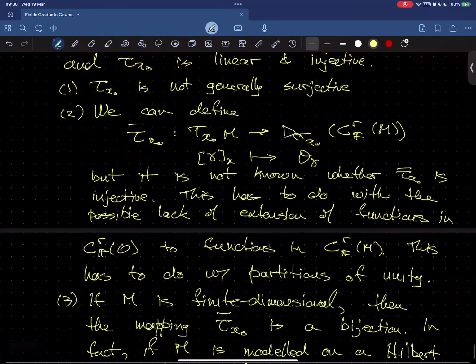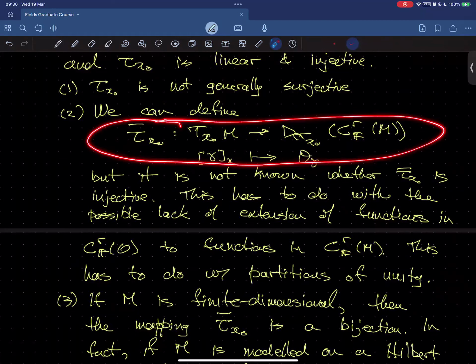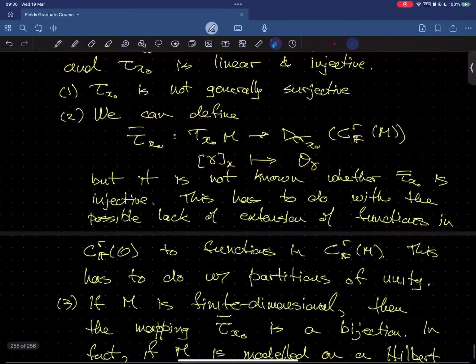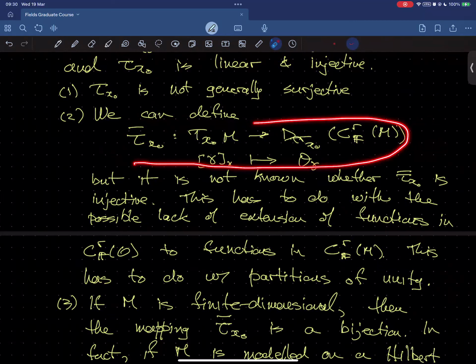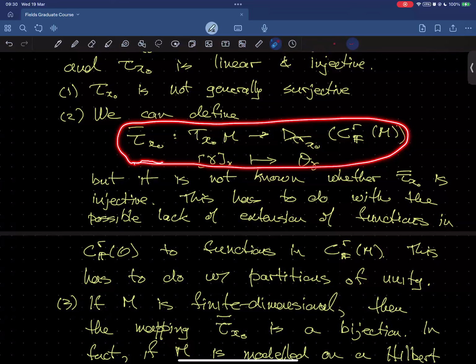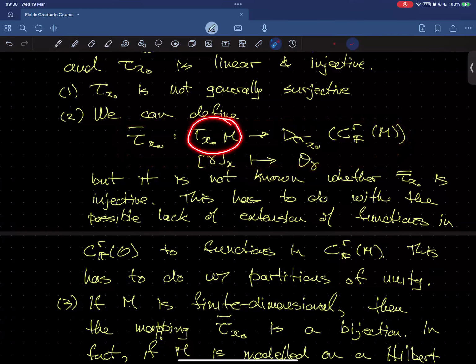Now, this lack of bijectivity of this mapping is kind of interesting and important. When it does hold, this particular construction is an instance of a more general philosophy about differential geometry, where you replace a geometric object, in this case the tangent space, with an object that acts on functions, in this case a derivation.